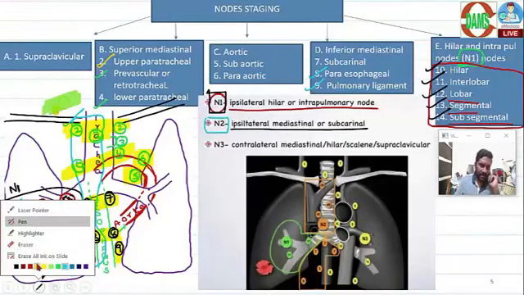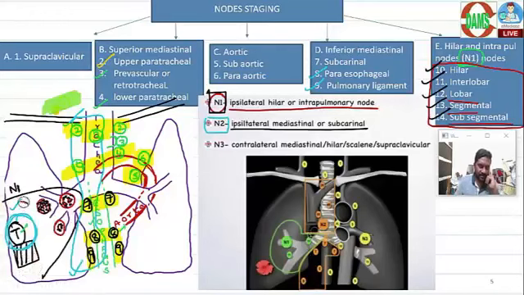Now coming to N3. There is a tumor here. Either there is involvement of ipsilateral supraclavicular lymph nodes, so same side. It has crossed the clavicle and has involved the nodes.